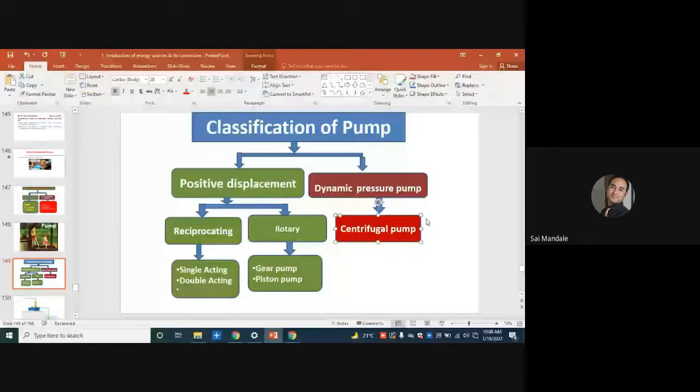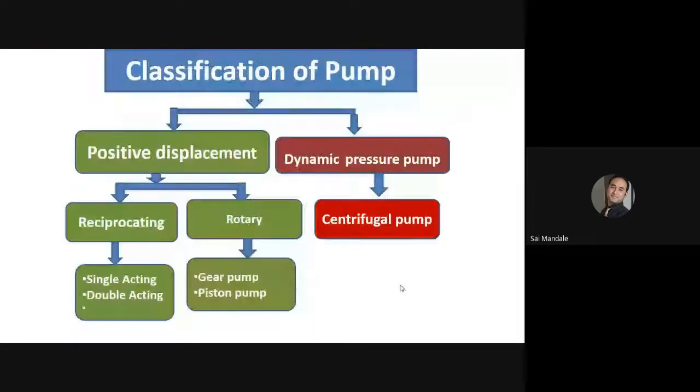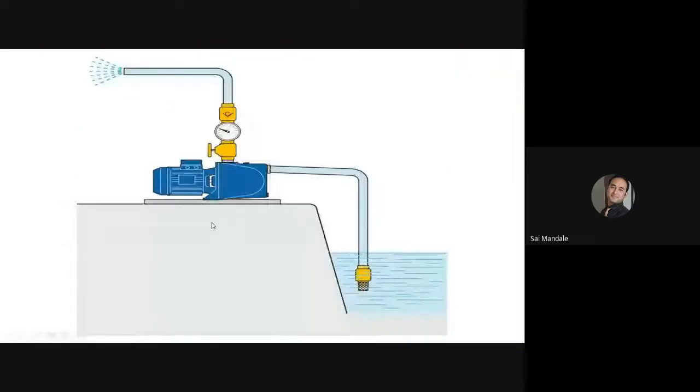So let's move towards the pump. You might have seen this type of arrangement somewhere, where water is in wells or pits, and by means of pipeline connection we transfer that water somewhere.